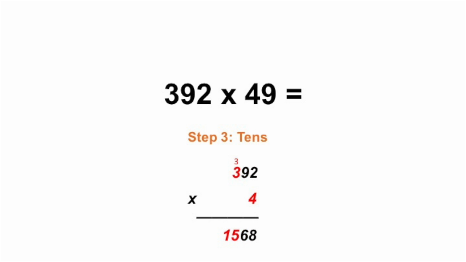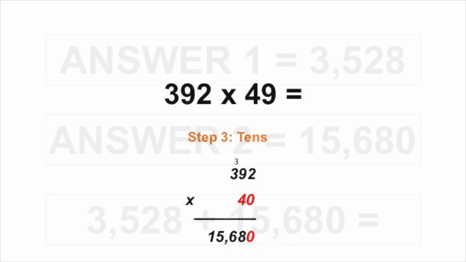So let's write that answer. But notice, no comma yet, because what do we need to do with the 0? Bring the 0 back that we removed. So now our answer, 15,680. We have the number for our 10's multiplication.